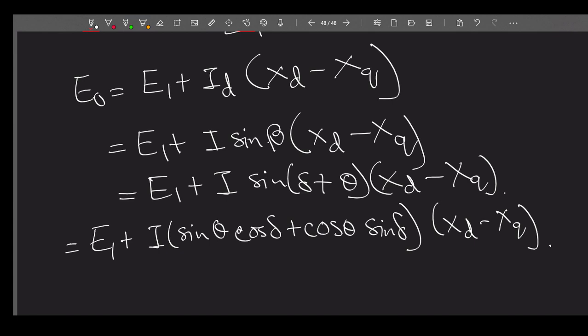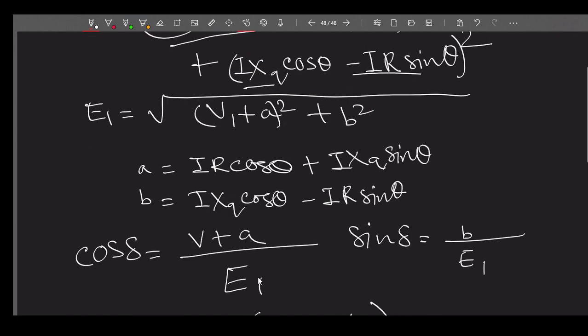So now we can write let us replace this cos delta by this value.